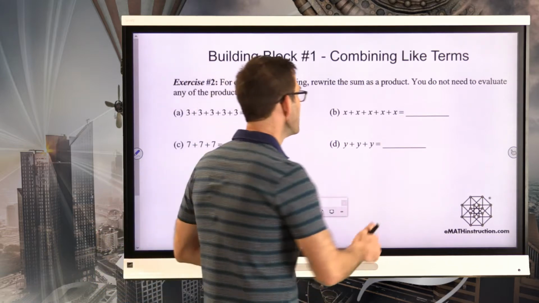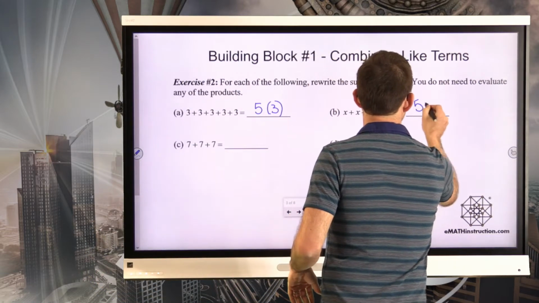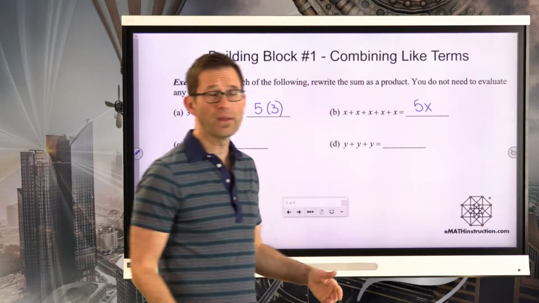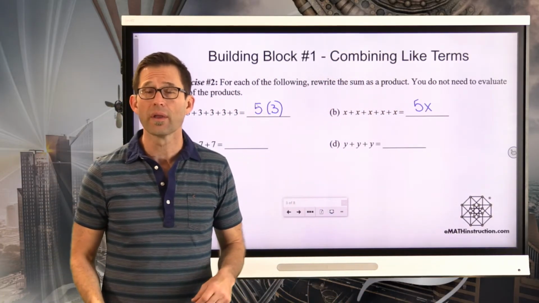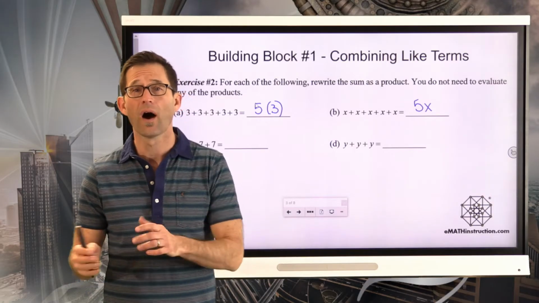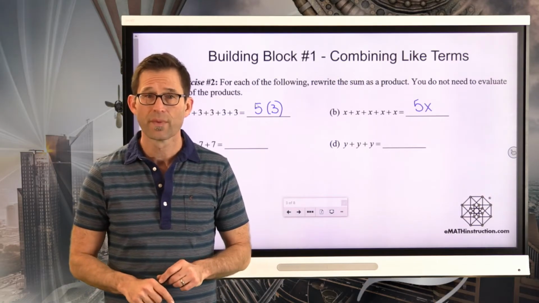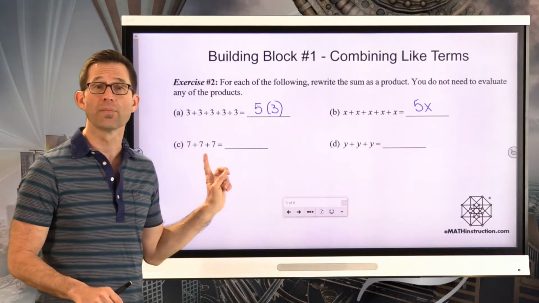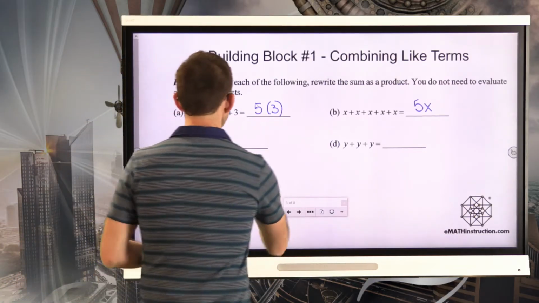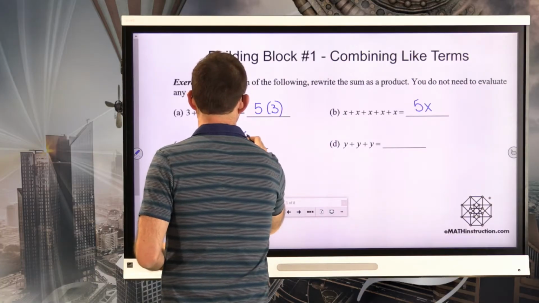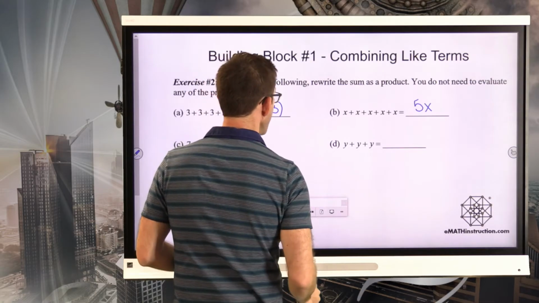Likewise, if I've got x plus x plus x plus x plus x, that is the same as 5 times x. 5 x's added together is the same as 5 times the number x. Likewise, if we have 7 plus 7 plus 7, 3 7's added together, that is just the same as 3 times 7.